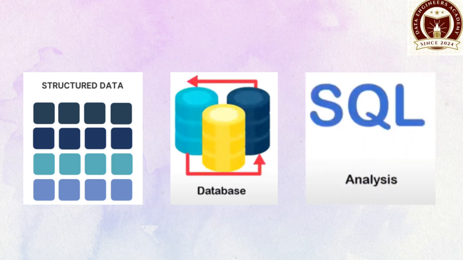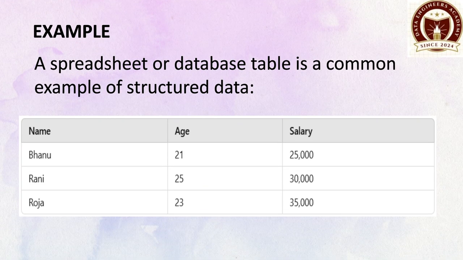Next one is SQL language. We can easily analyze it by using SQL, that is, Structured Query Language. Here we can write queries to analyze the data. For example, here we have a database table.